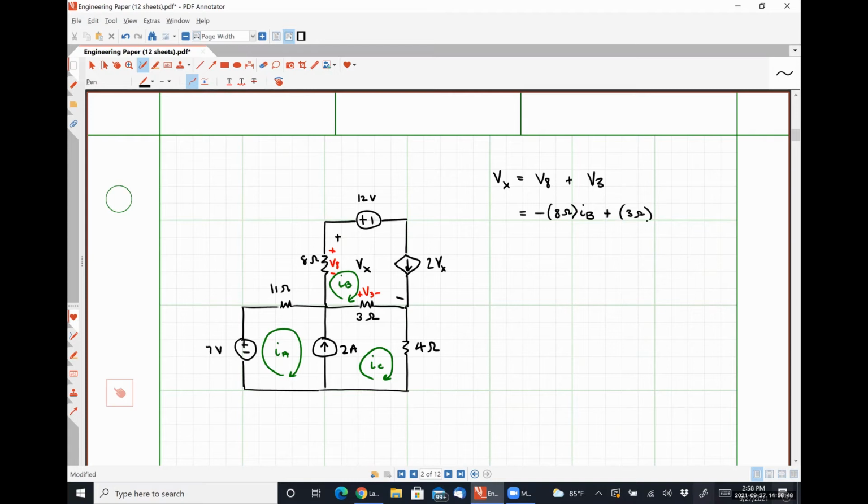I personally try to avoid having an excess of negative signs. Right now we're doing Kirchhoff's voltage law across the top mesh, going around that left triangular path.